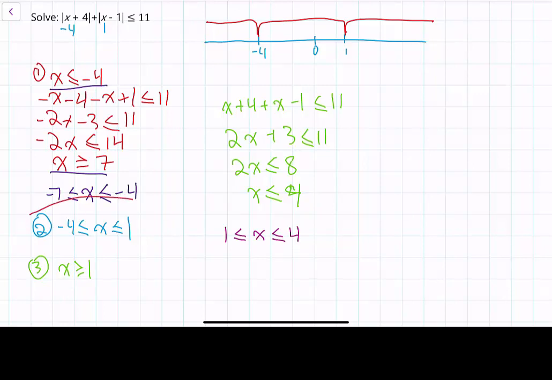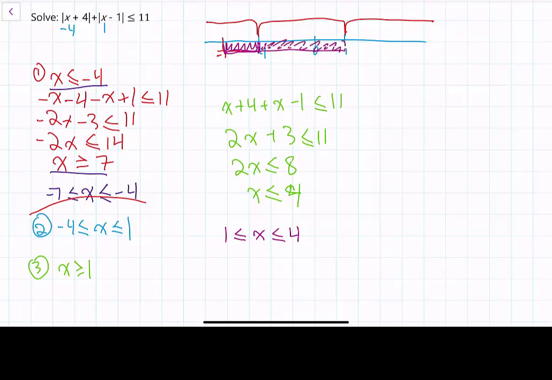We have this first solution, which is x is between -7 and -4. Let's use a different color here, this magenta color. And then for the second solution, we have x is in between -4 and 1. So -4 and 1.